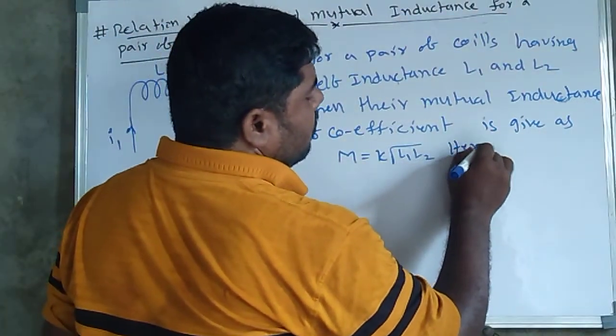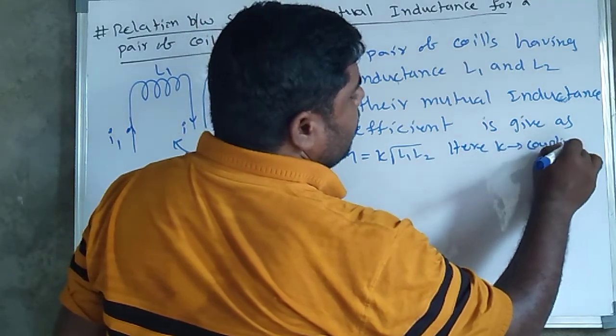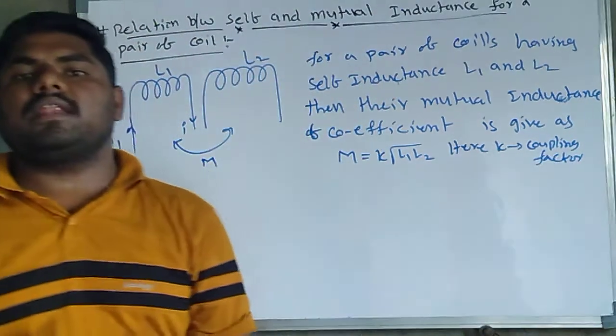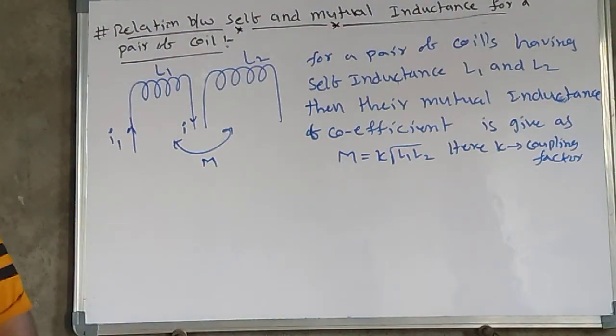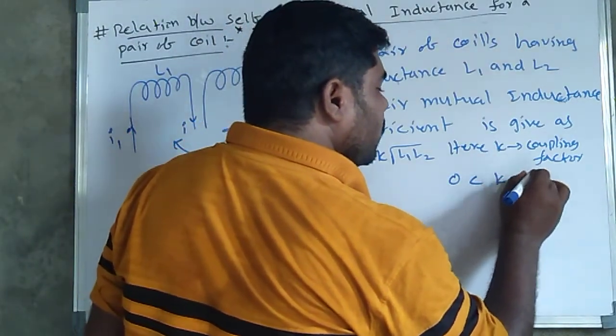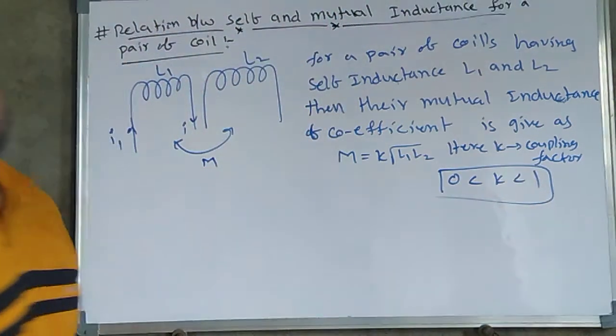K is the coupling factor. The K value ranges from 0 to 1.